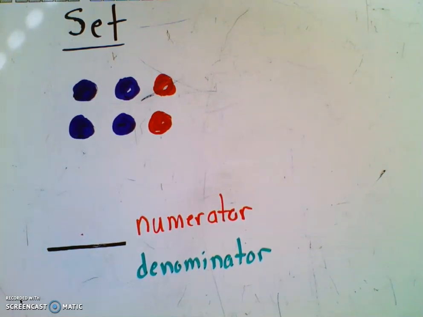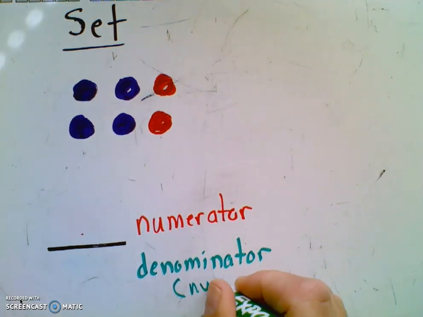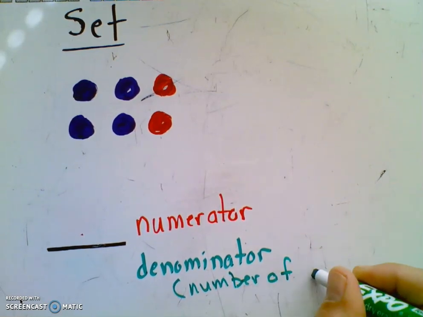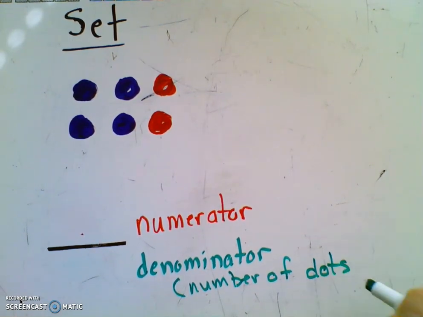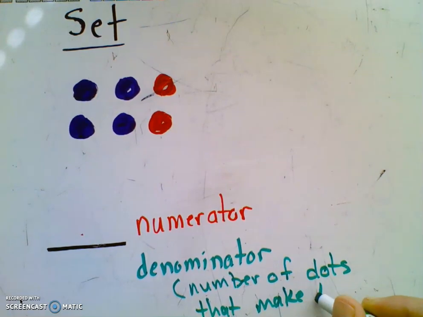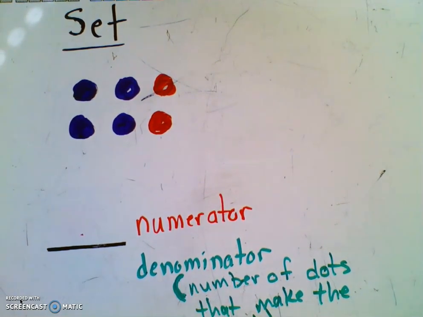So in this one, our denominator is the number of dots that make the set. So that's what I'm looking for. I'm looking for the number of dots that make the set.